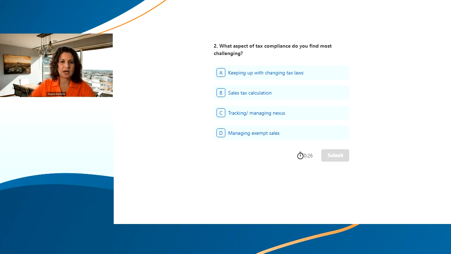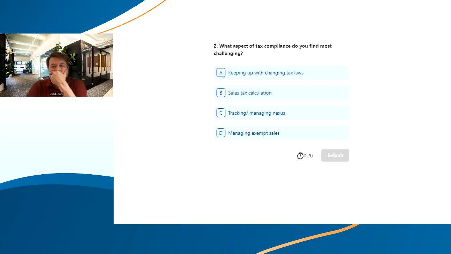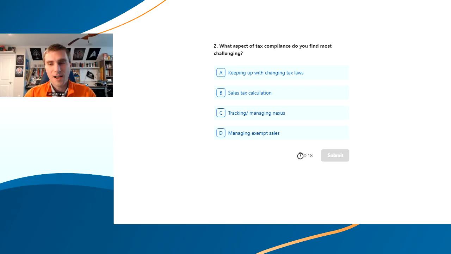All right, let's see how everything is looking. Albert? Well, hey guys, this answer doesn't surprise me, because we're going to take a look at this same poll from a previous webinar, which had very similar results. We know that keeping up with all the changes in 50 states and thousands of local jurisdictions is an incredible challenge, and just something that is foremost in the minds of our customers and is a worry that they have to deal with every day.